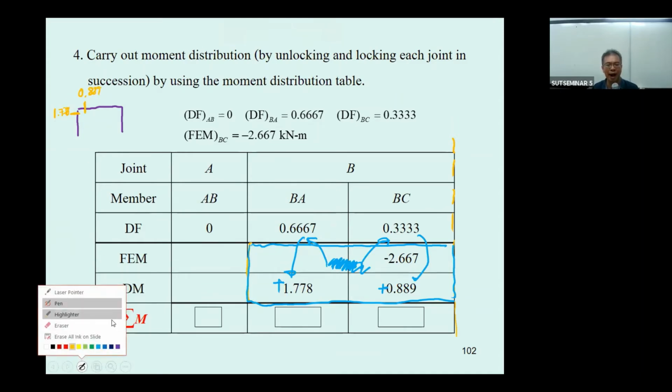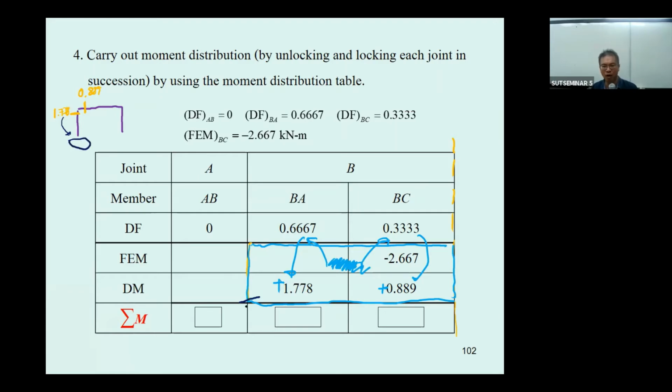You're going to carry over this one to this one. So usually this one will be the carry over moment, and this is going to be 0.889. Okay, that is going to be the carry over moment. And since this is going to be in equilibrium, it requires minus 0.889, and 0.889 times 0, and this one is going to be 0.